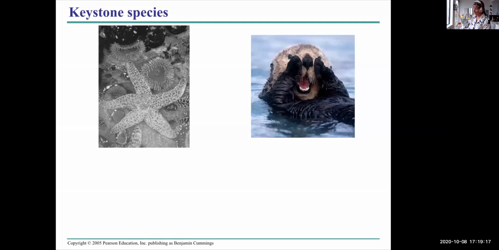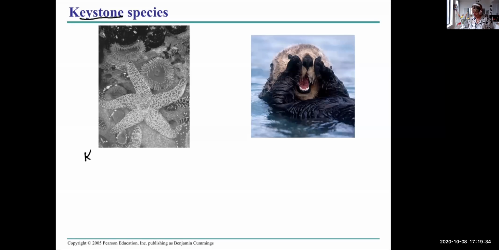Interactions sometimes change the way a community is structured. And one kind of species in a community of species is known as a keystone species.